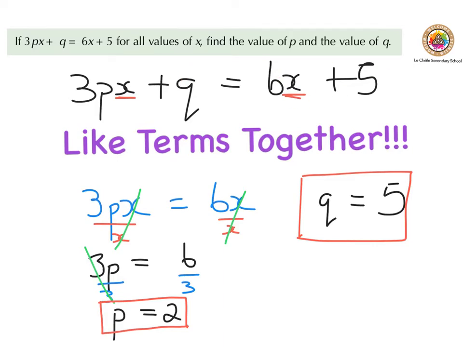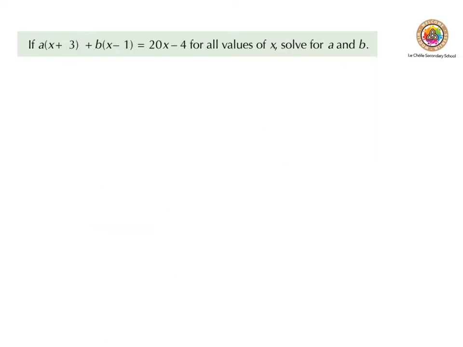Okay, we're going to try a little bit of a longer one now. Similarly, we're asked in this question, if a(x plus 3) plus b(x minus 1) equals 20x minus 4 for all values of x, solve for a and b.